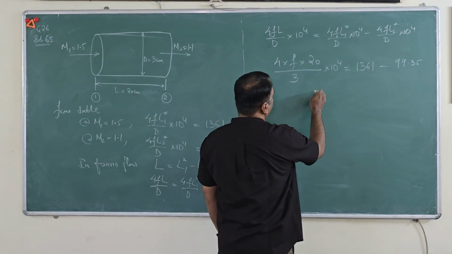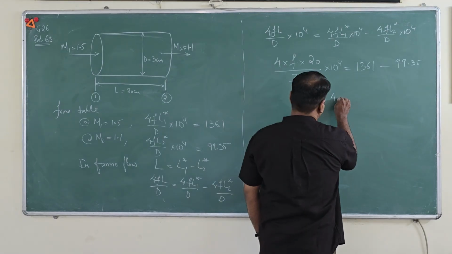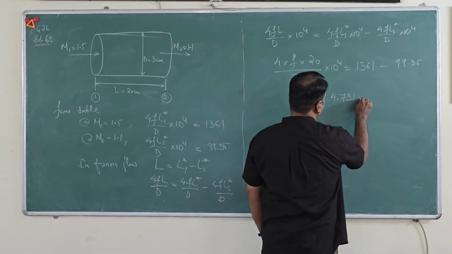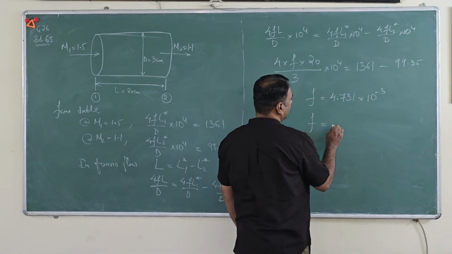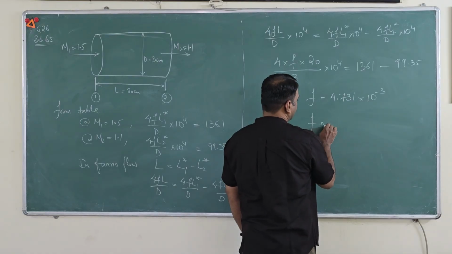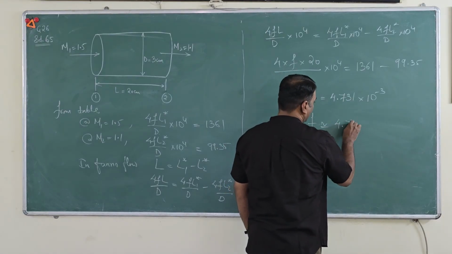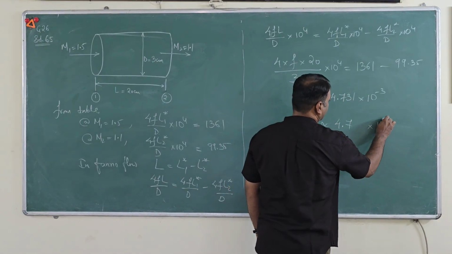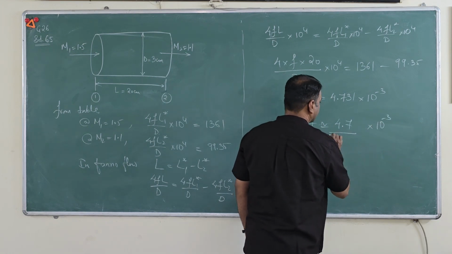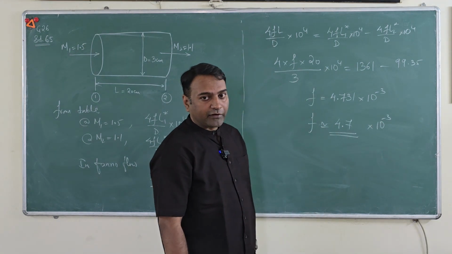So evaluating this will give us 4.731 times 10 power minus 3. So rounding off to 1 decimal place, this would be approximately written as 4.7 times 10 power minus 3. So your blank should be 4.7. Thank you.